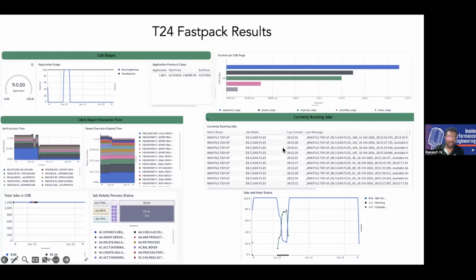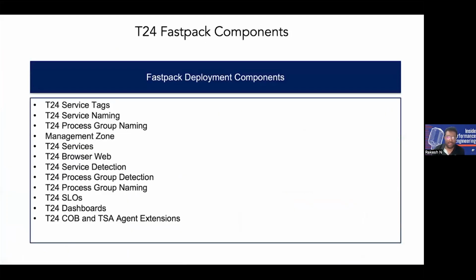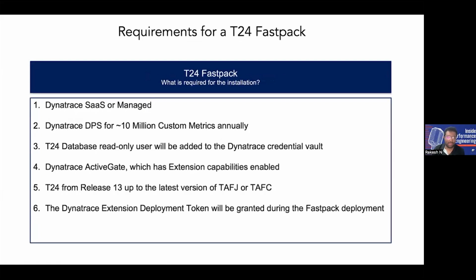We also support many other things like agent stack or integration services, ATM pass, what is happening, FCM, what is happening. This is just an overview of screenshots, but like I said in the previous screen, we support all these COB services, inquiry, version, whatever you need in Fastpack services.